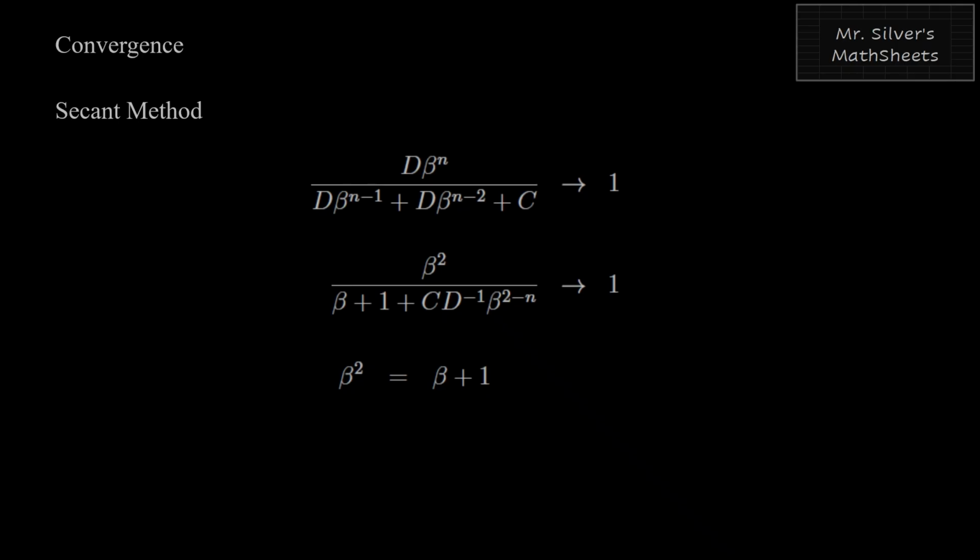And the solution to that, we know, that's the golden ratio, 1.618, which is not quite quadratic. It's slower, it takes more steps for this to converge, but it's still pretty fast.